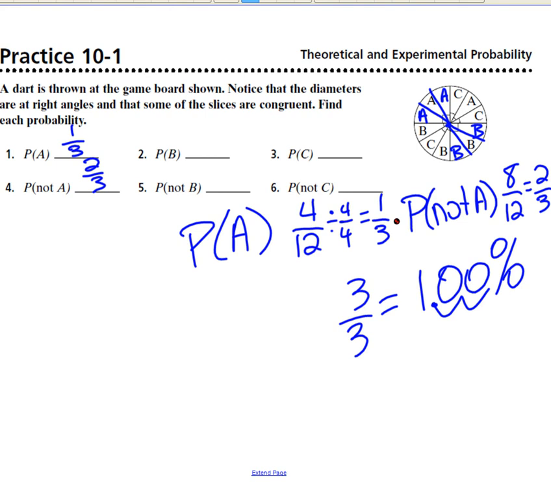B would fall under the category of not A. If you don't count the lines or other ridiculous answers, like when you flip a coin and everyone says, what about that one time it landed on its side? We don't count those, okay? So the probability of something happening plus the probability of something not happening will always add up to 1 whole, or 100%. Okay? Take a couple minutes to try to answer 2 through 6.